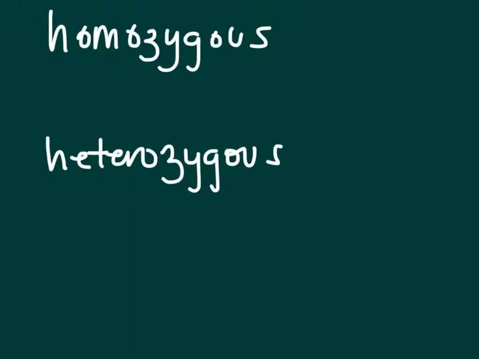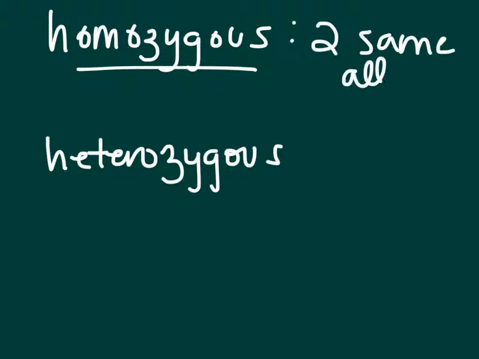These are terms we use in genetics to describe genotypes. If you are a homozygote, you have two of the same alleles. That means that either you're both capitals or both lowercase. So we have to say homozygous dominant or homozygous recessive.